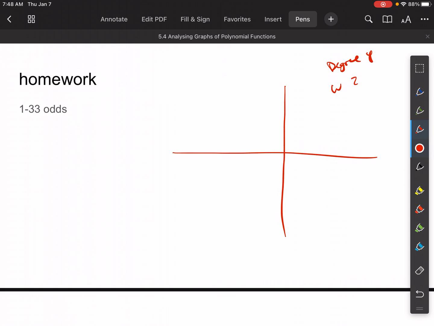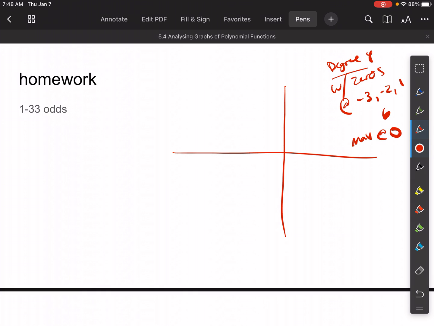With zeros at -3, -2, 1, and 6. Okay, so if it's degree 4, and I have zeros here like this, and I think that's all I'm probably going to give you. And I might tell you where a maximum happens. So maybe I say like a max happens at 0.